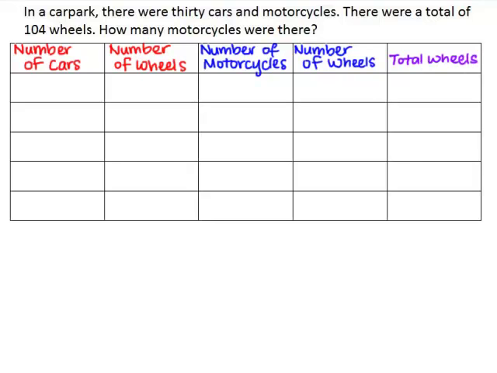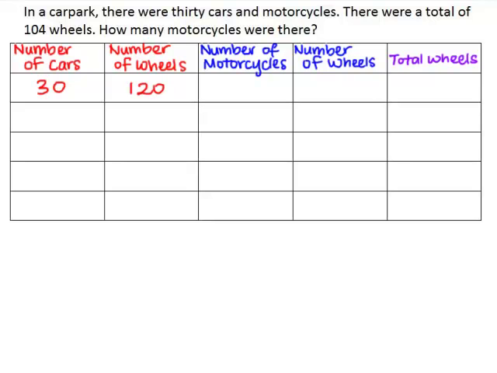There were altogether 30 cars and motorcycles. We will first assume that all 30 were cars. A car has 4 wheels, so if there were 30 cars, there would be 30 times 4, which is 120 wheels.